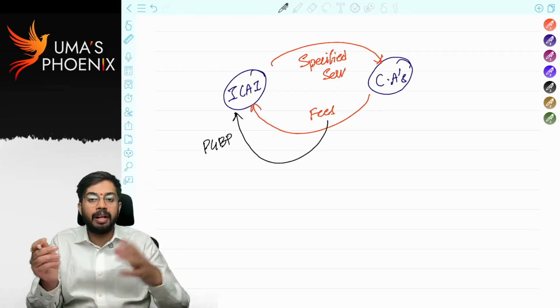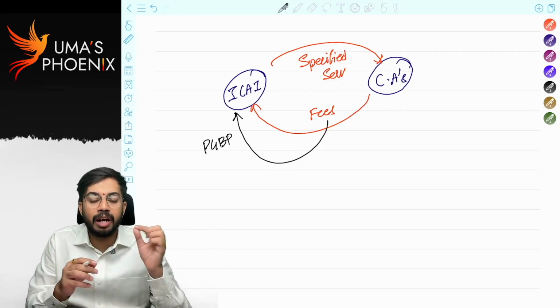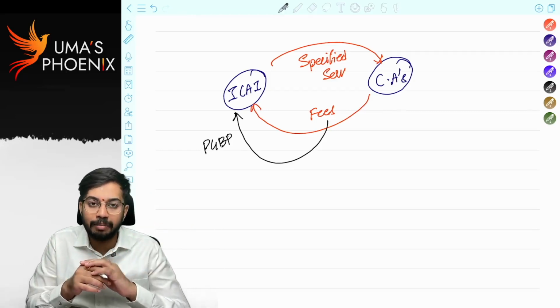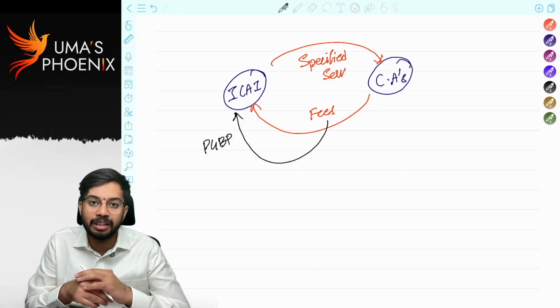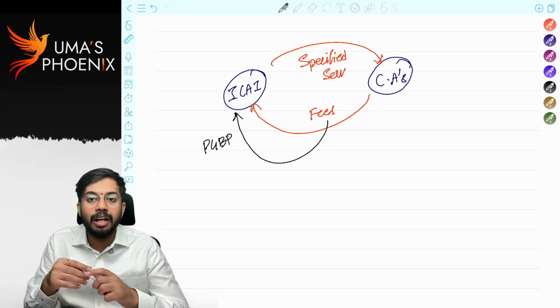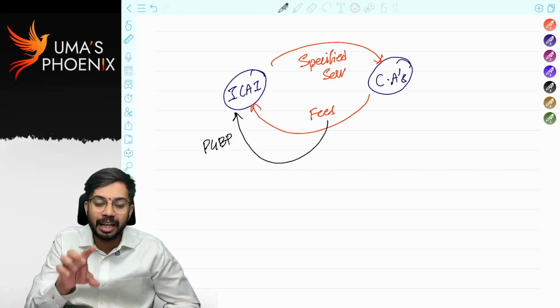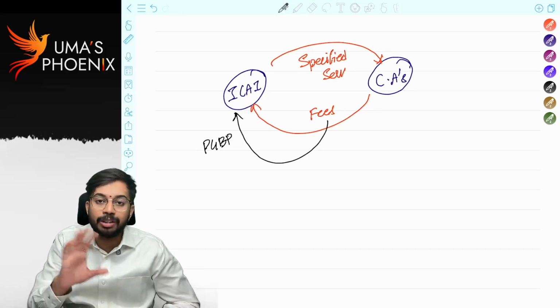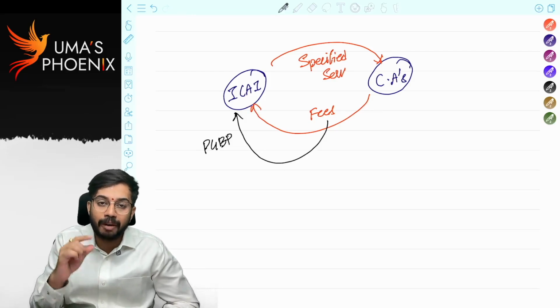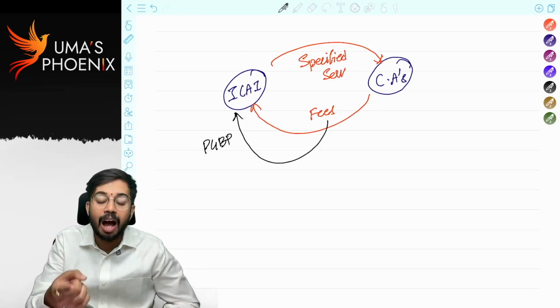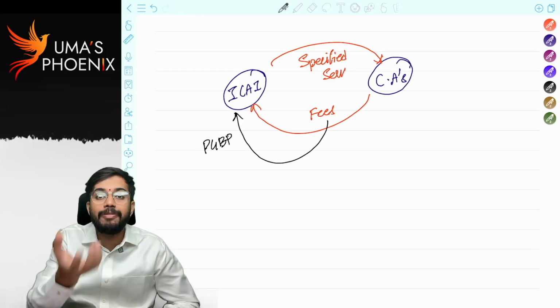Best example, recently the budget came. With regard to the budget, one seminar was conducted by the Vijayawada branch of ICAI. I attended that seminar. I paid 500 rupees fees along with GST. That means what? Here, the Vijayawada branch of ICAI is providing service only to chartered accountants. It is not providing service to outsiders. That means the professional association is providing service to its own members, and for providing that service, some fees is charged.